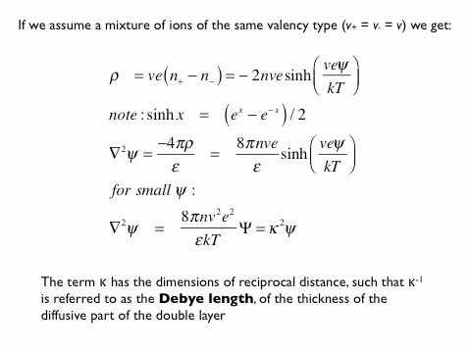Yeah? And this big thing here in front of the electric potential is kappa to the power 2. And kappa, or 1 over kappa, is defined as the Debye length. And the Debye length is basically the thickness or the length of the double layer.